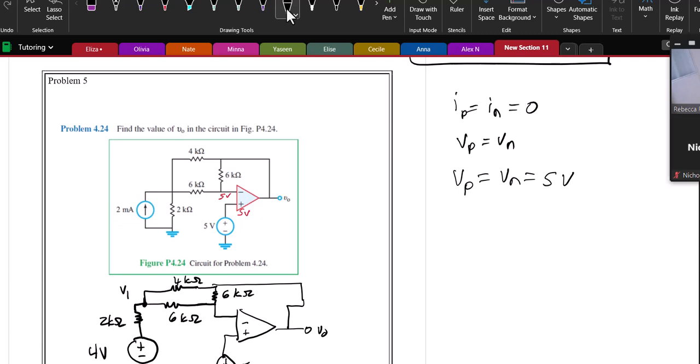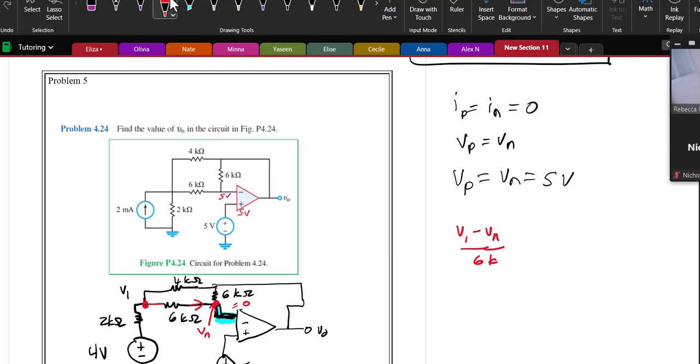I know that this current right here, this is IN, that is 0. But my voltage right here, that's VN. So my current going from here to here would be V1 minus VN over 6K.